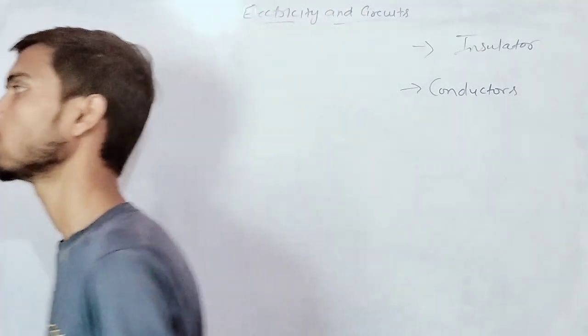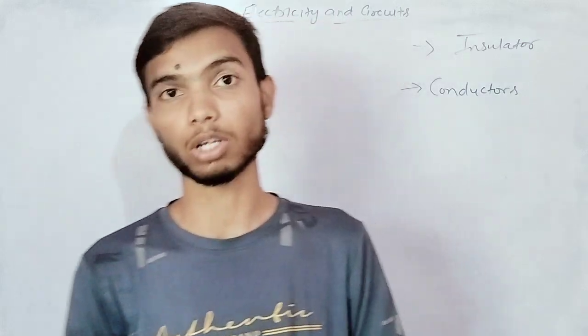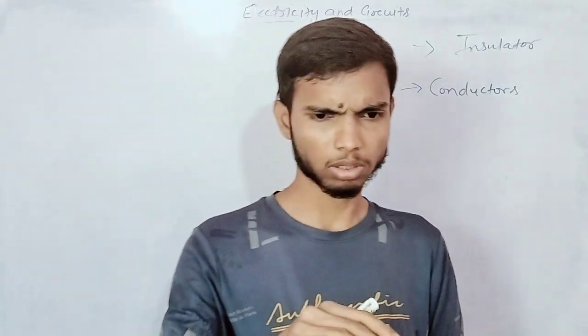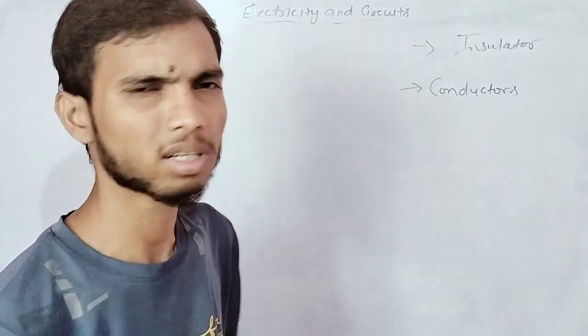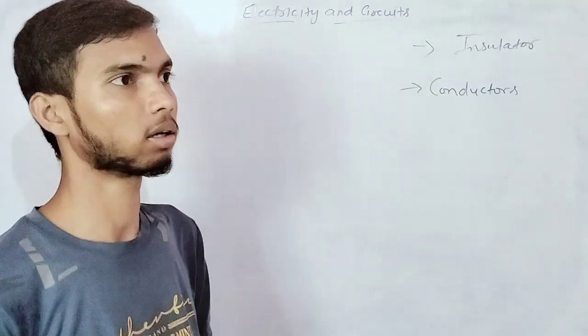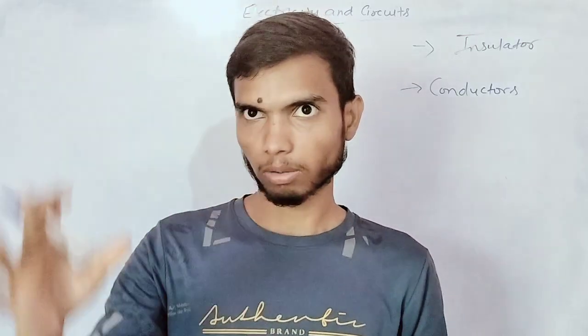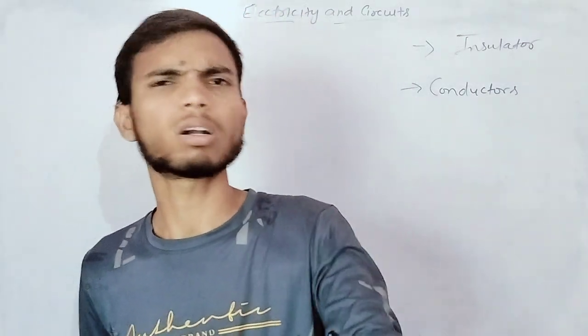Those conductors and insulators are important. Okay, those are used in electricity. For example, the electric switch's upper surface is made up of insulator, but inside the switch the lower surface is made up of iron material. Iron is the best example to understand the use of insulator and conductor. The outer surface of a wire is made up of what?